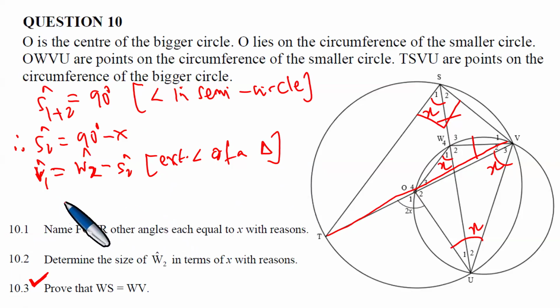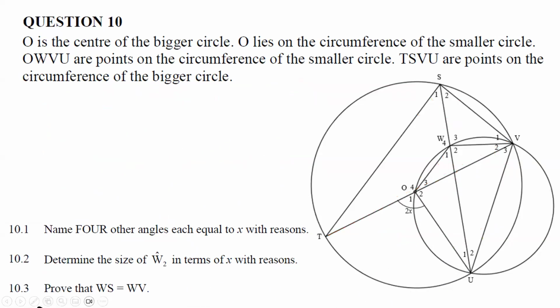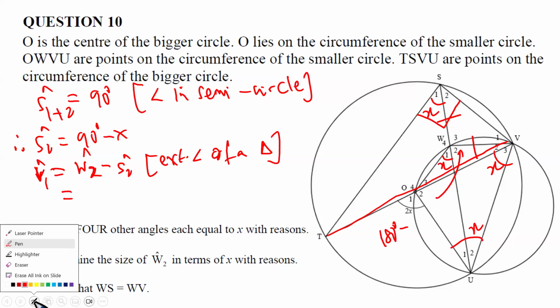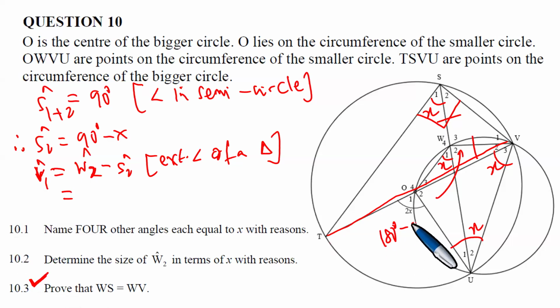So in the end, what is the angle W2? We have already said that the angle W2 is 180 degrees minus twice x. We just said that a couple of minutes ago, and we are still adamant it is the case.